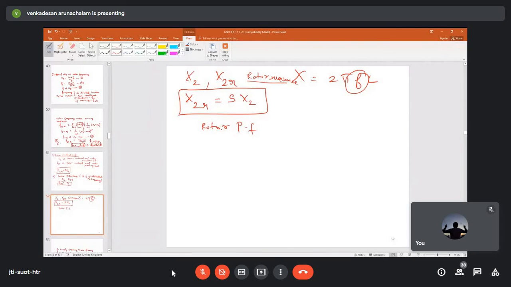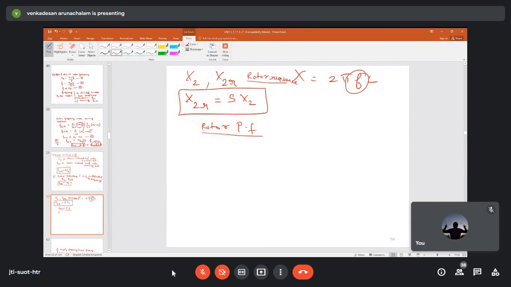Power factor, how we can define? What is power factor? Yes. So you assume like this.